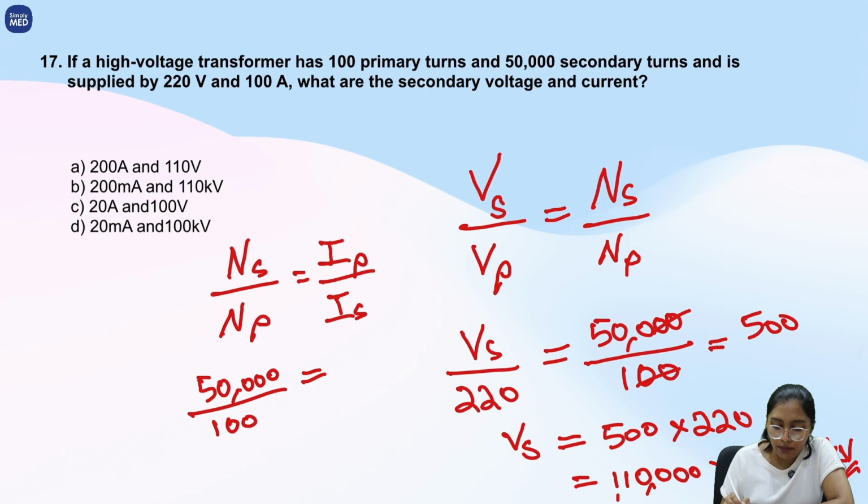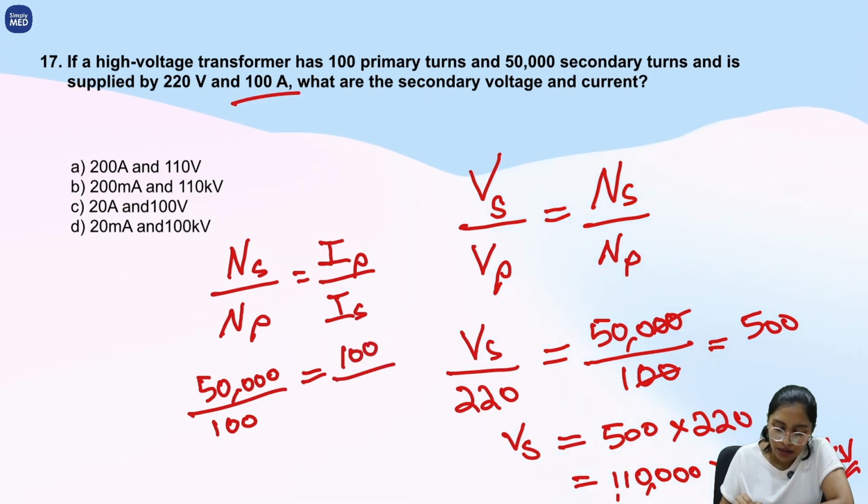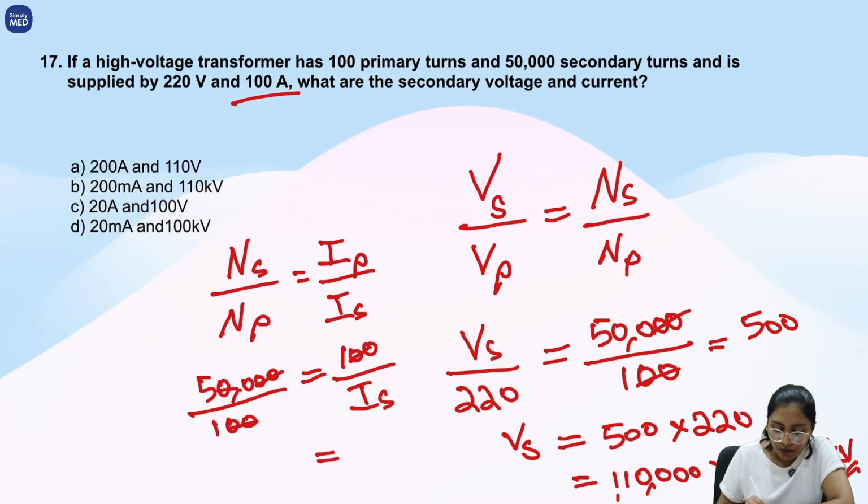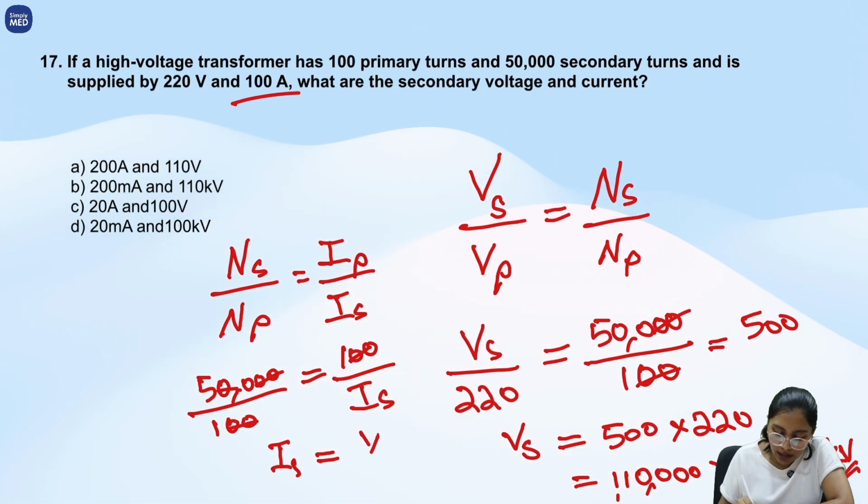This is equal to Ip by Is. Primary current is 100. So 100 by Is. Okay. Now 20, 20 cut and 20, 20 cut. So 5 is equal to 1 by Is, or we can write Is is equal to 1 by 5.